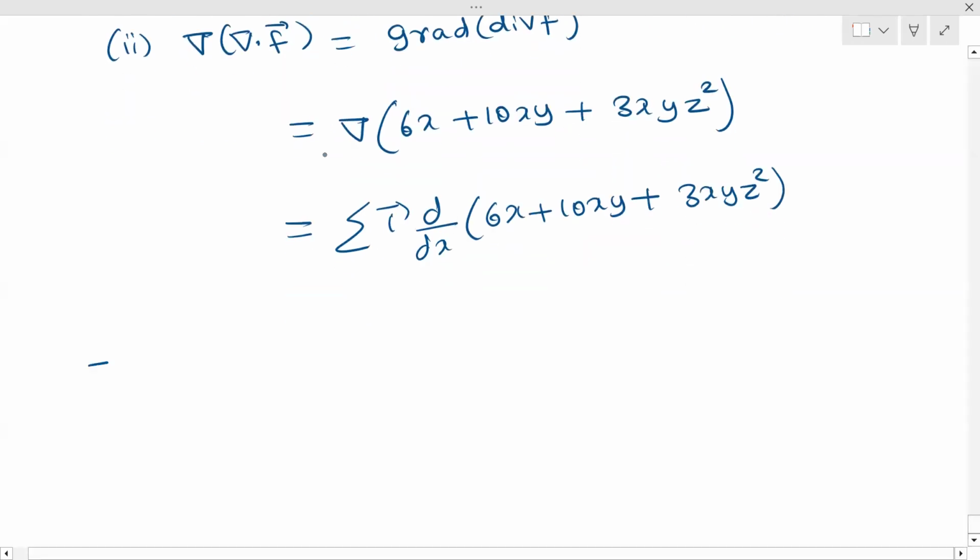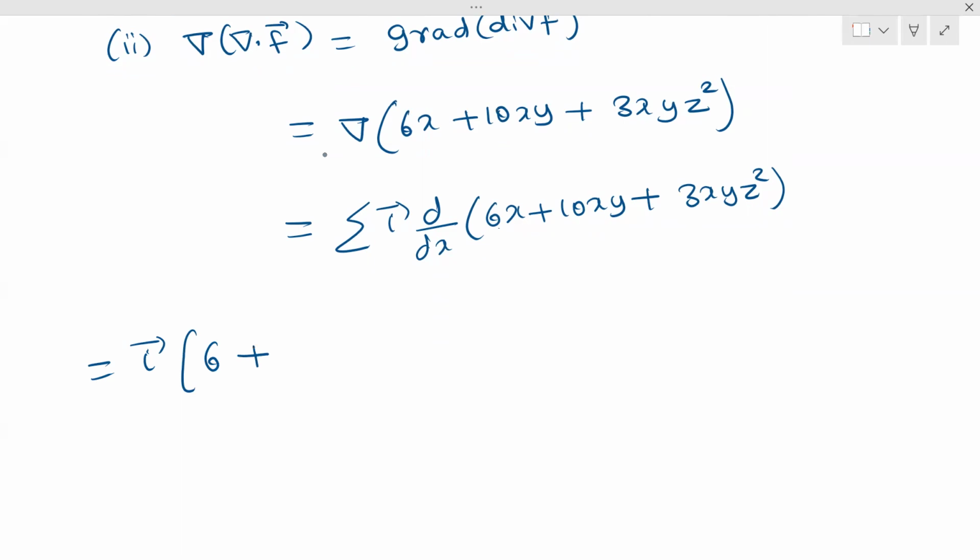So this equals i vector into the partial differentiation with respect to x of this function. 6x differentiation gives 6. In the second term, 10 and y are constant, so write 10y, x differentiation 1. Third term, 3y z square is constant, x differentiation 1. Plus j vector into dou by dou y, partial differentiation with respect to y.